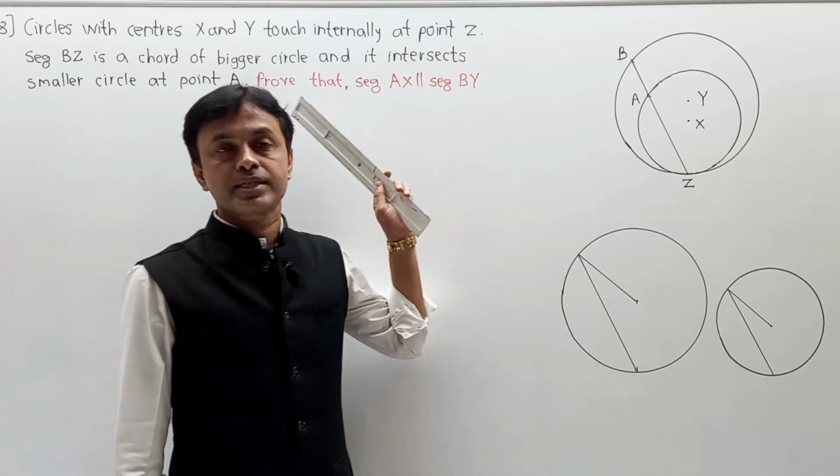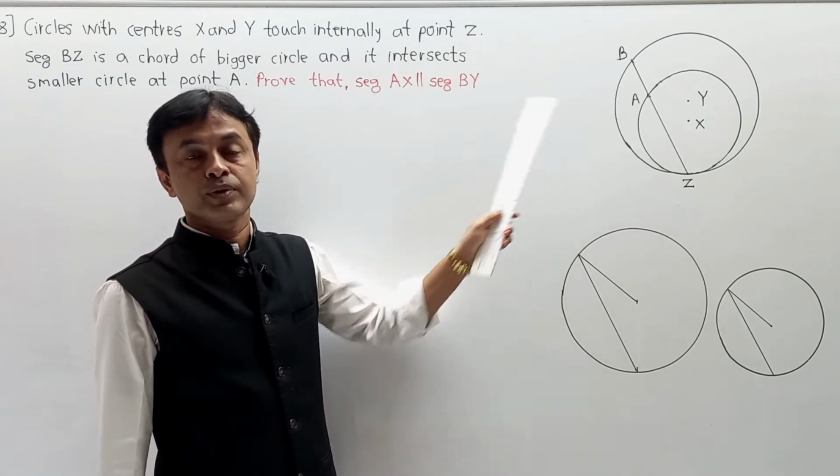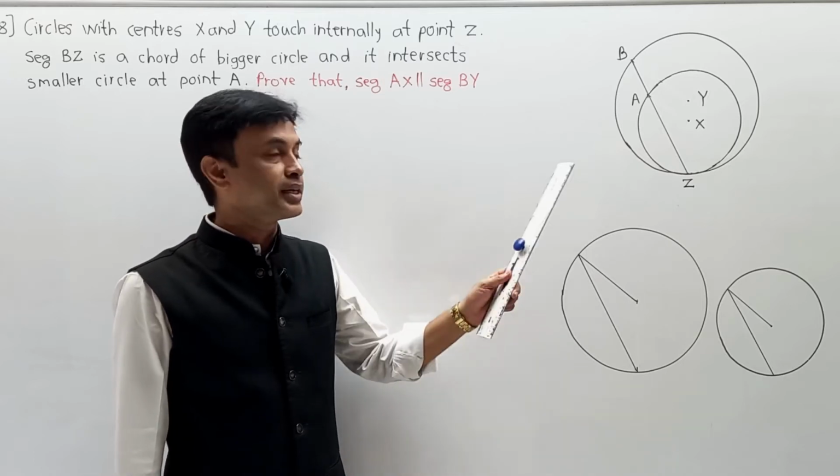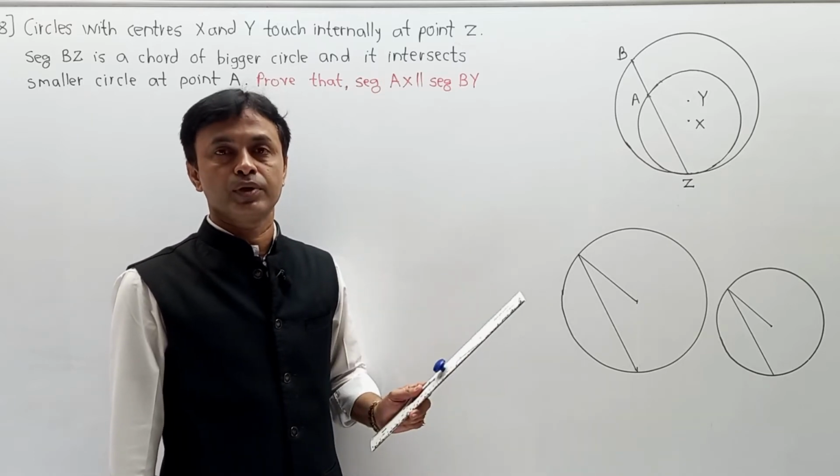So now we are trying to understand the same question from the diagram point of view. Please observe the diagram carefully because the trick of the answer is hidden in the diagram only.